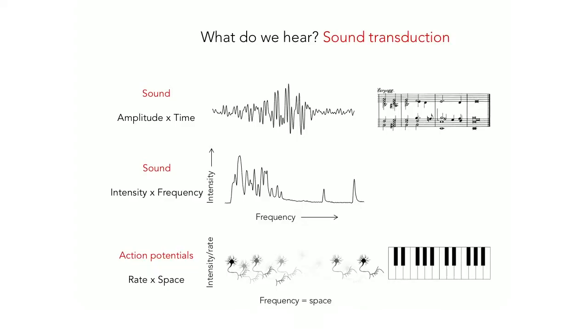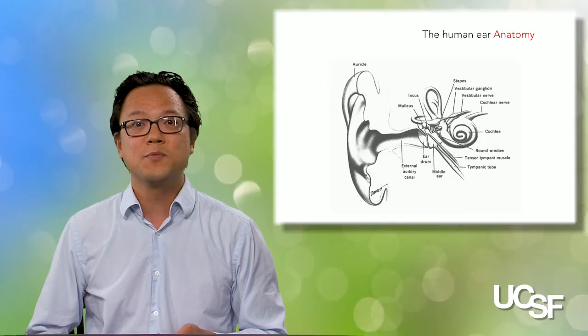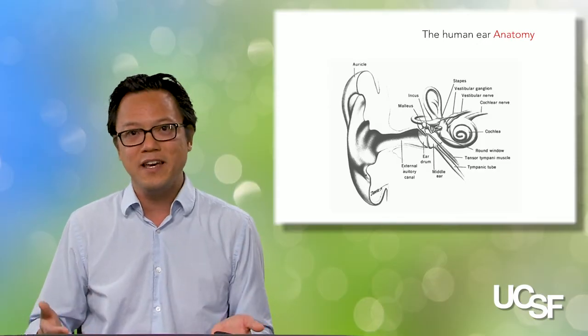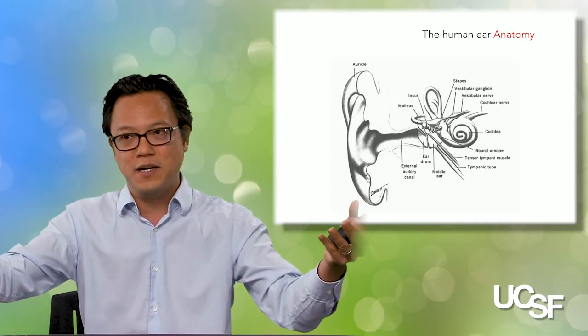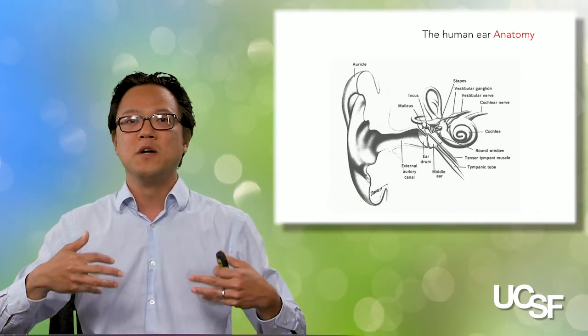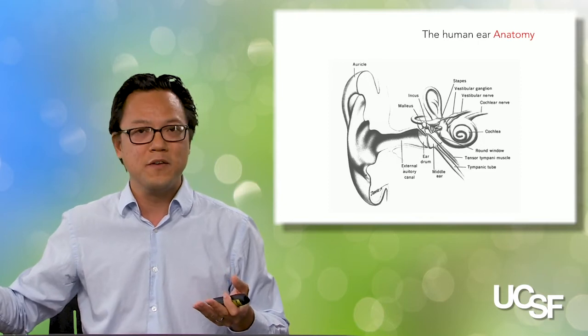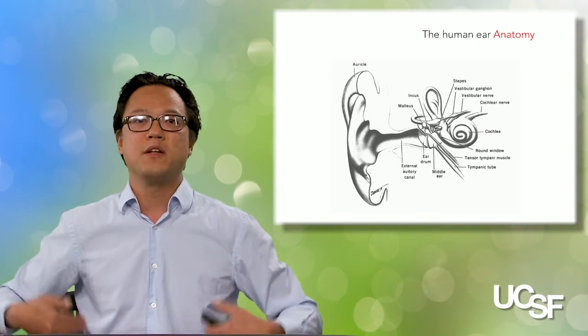It takes sound, which is a complex waveform of amplitude over time, converts it into an array of intensities distributed by frequency, which is understandable by the brain as an array of neurons firing at different rates interspersed in space. That's what the ear is able to do. It's able to take a complex waveform of sound, deconstruct it into its component frequencies as an array of intensities, and then map that onto the brain.